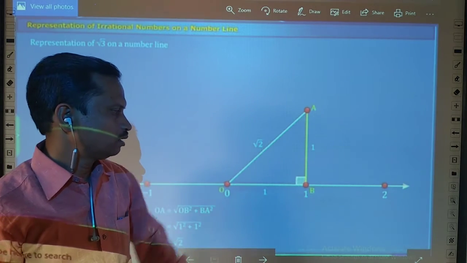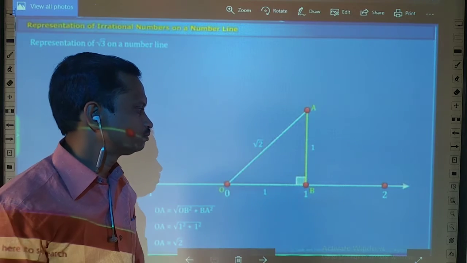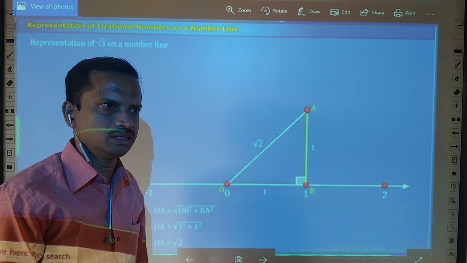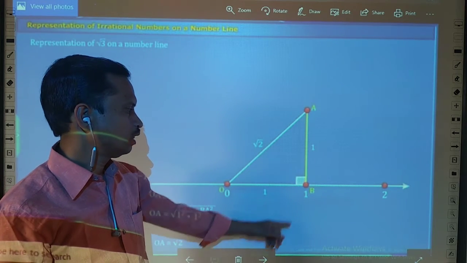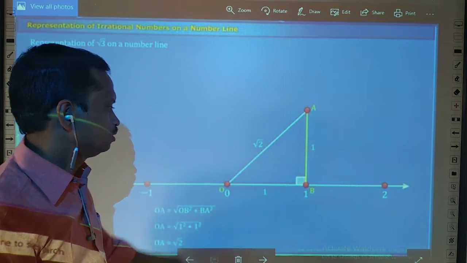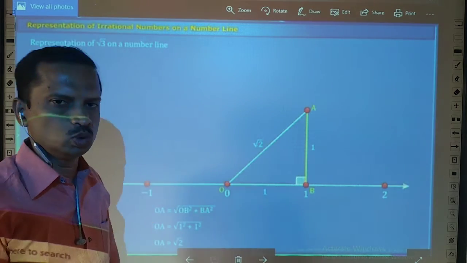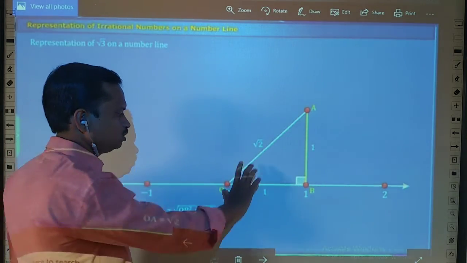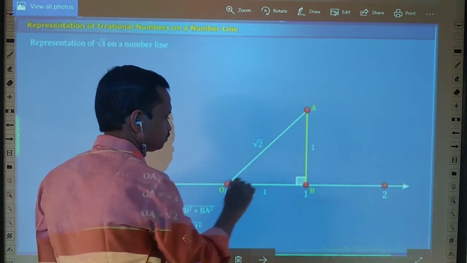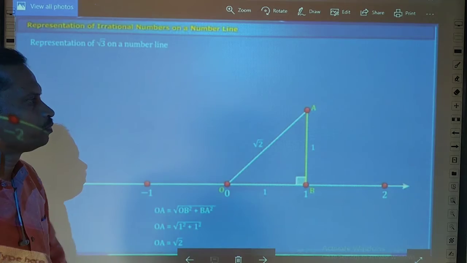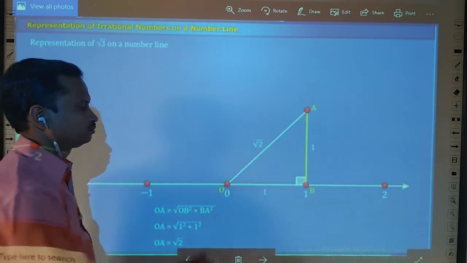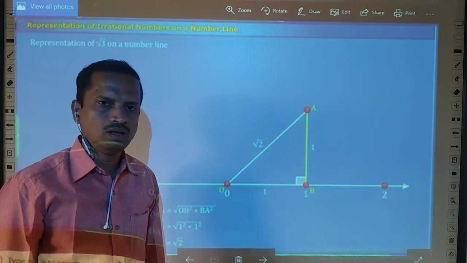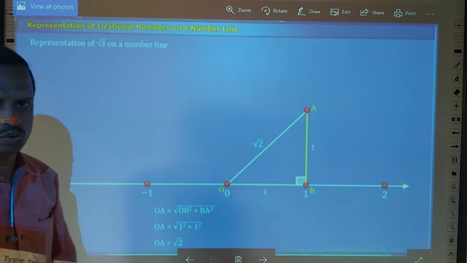Now at B, draw a perpendicular BA of the same 1 unit, either by compass method or using a protractor. Now join OA, which is nothing but root 2. So this OA radius measurement is the value of root 2. If you draw an arc, keeping the compass pointer at O with OA as radius, it will meet the number line between 1 and 2, and that point on the number line is the value of root 2.